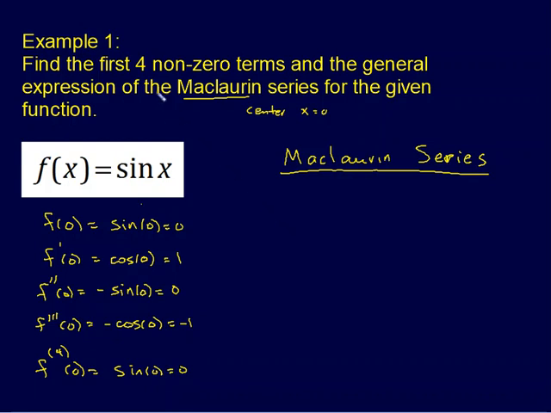Now we're asked to write the first 4 non-zero terms. Now remember, the general term of any Maclaurin series is the nth derivative at 0 over n factorial, and then x minus 0 to the n.